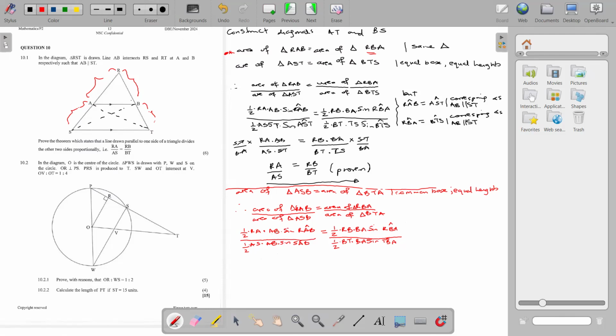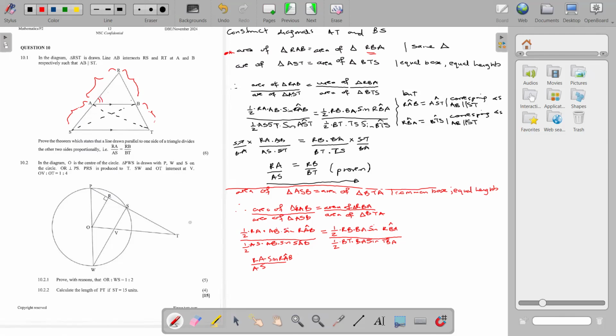So the AB and the AB will cancel out, the half and the half will cancel out. We are left with RA over AS. There we are having sine RAB. But in this case, this is our RAB, this angle.